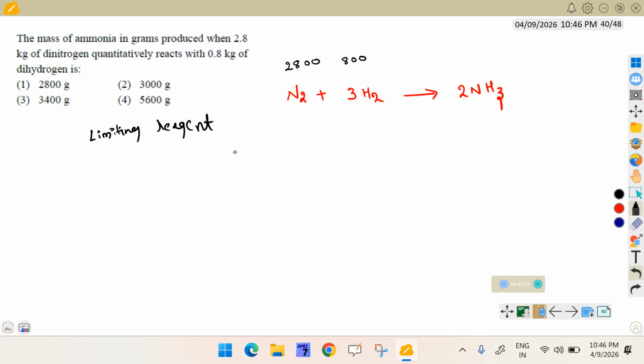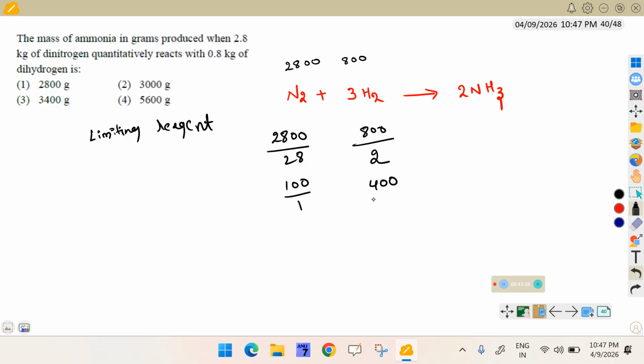Formation of product depends upon the limiting reagent. First calculate number of moles. 2800 divided by 28 is 100. 800 divided by 2 is 400. Now calculate the limiting reagent.